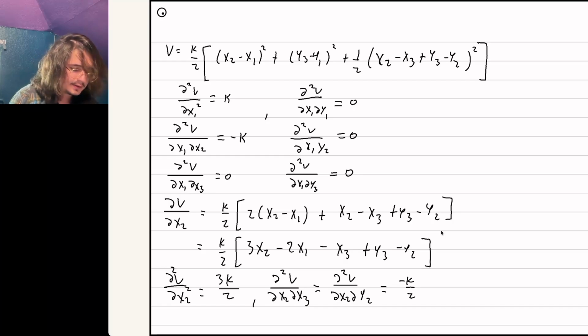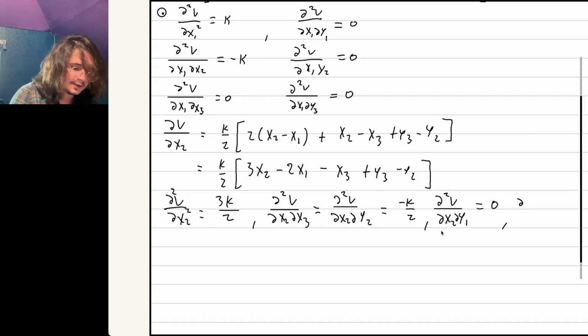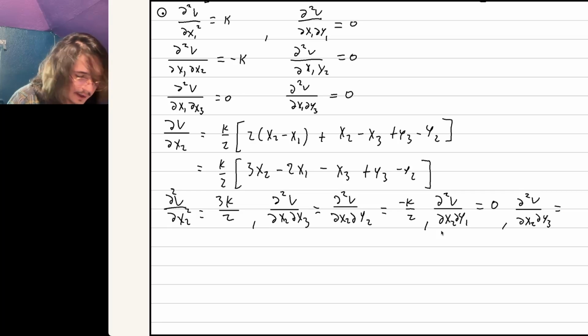Next one is y3. Actually, let's do y1. It's going to be 0. Which just leaves y3 as positive k over 2.